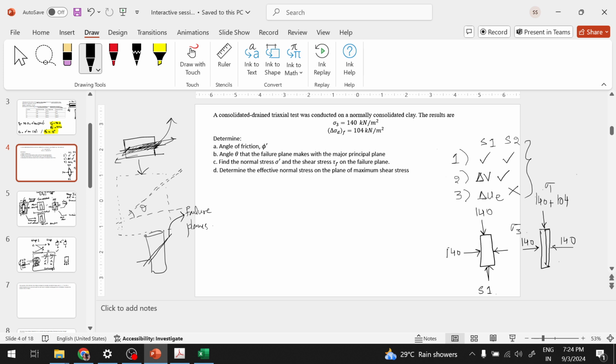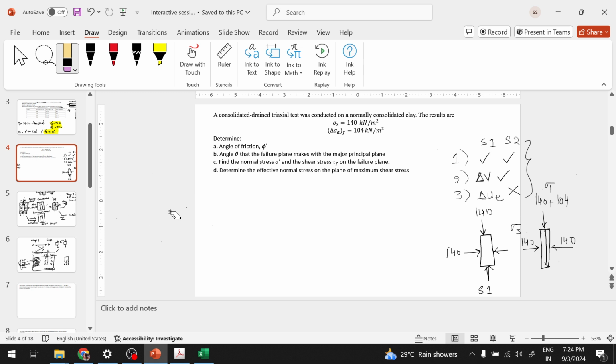Okay, and this is what we are to determine, theta, the angle with the major principal plane. So let us try to solve this question, keeping all this in mind.